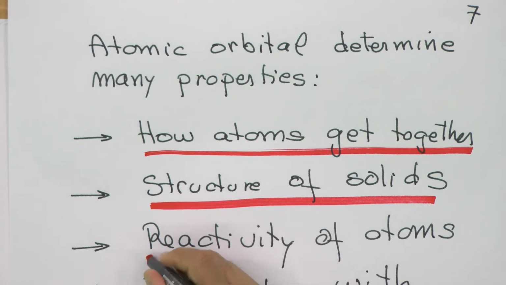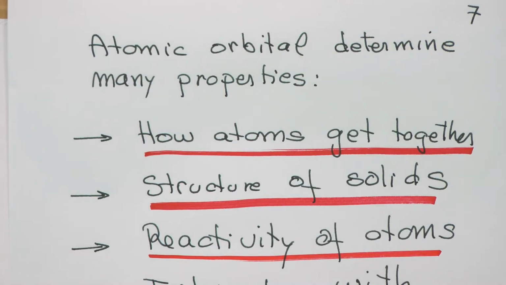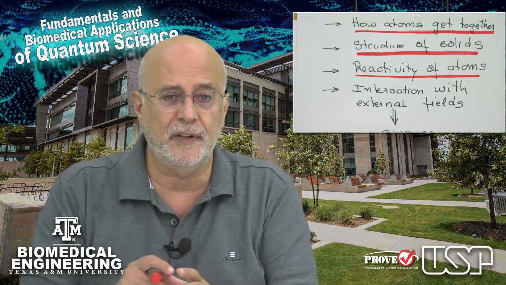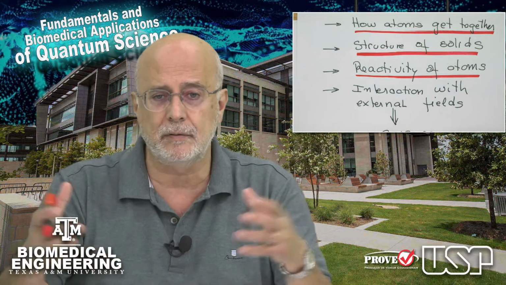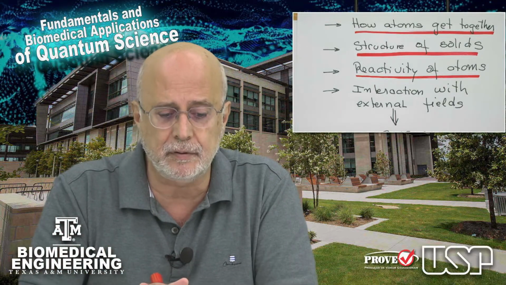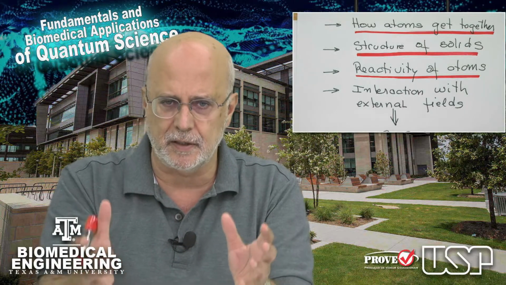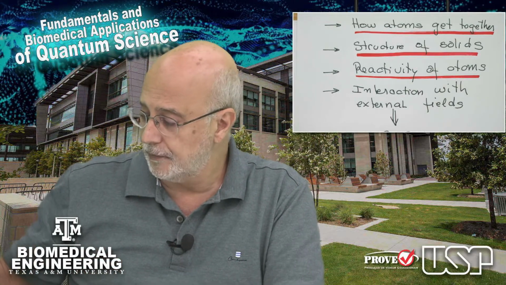Normally the reactivity of the atoms depends on how the electron sticks out, on the spatial distribution of the electron, because reactions are basically transfer of electrons, combination of electrons, sharing of electrons in chemical bonds. So the way that the electrons are distributed in the atoms determines the reactivity of the atoms.